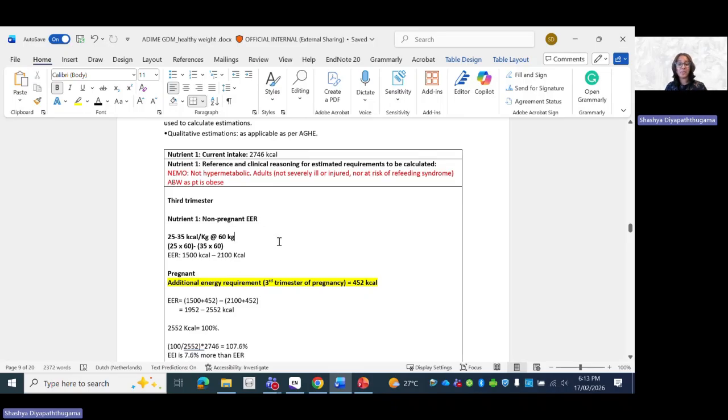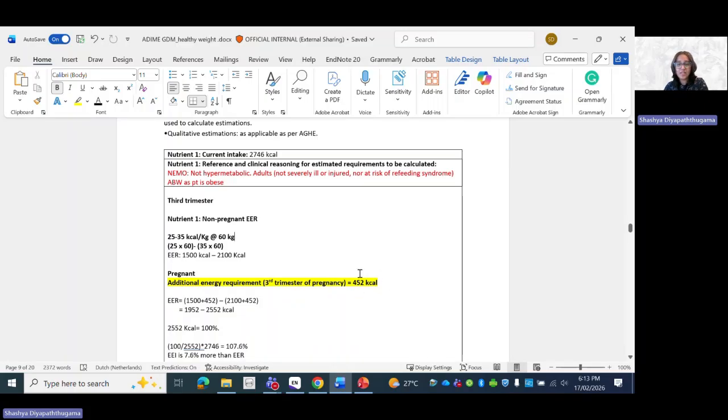But now she is pregnant and is in the 3rd trimester of pregnancy. So for 3rd trimester, we are adding a small amount, which is 452 kilocalories. If you've watched the other videos, you might have seen that based on the trimester, we add a certain extra amount of energy when we are calculating the total energy requirement for pregnancy.